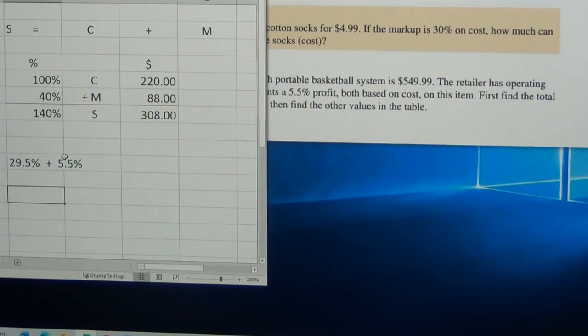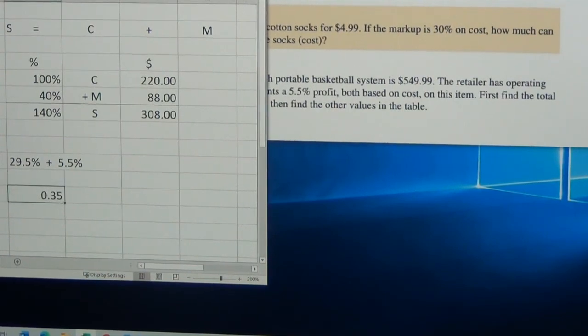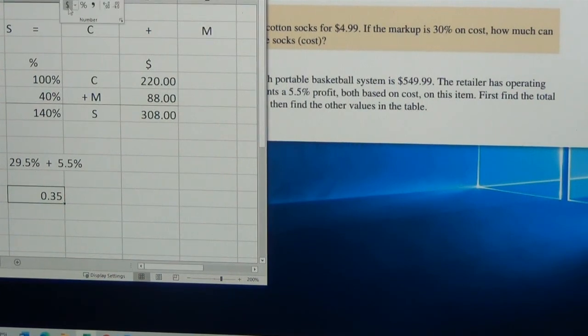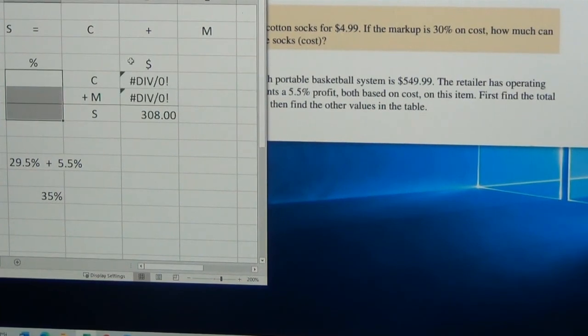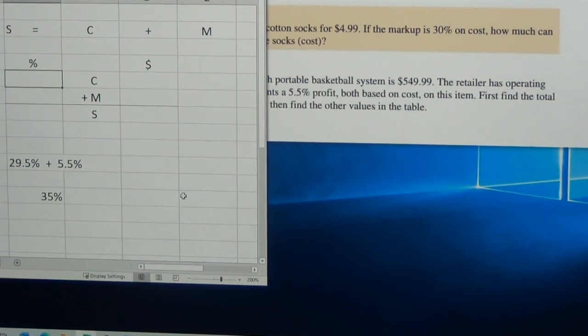So 0.295 plus 0.055, what does that equal? It equals 35%. So now that I know what my percentages are, let's go ahead and clear out our table from the previous problem. So I'm going to plug in the cost is 100%.